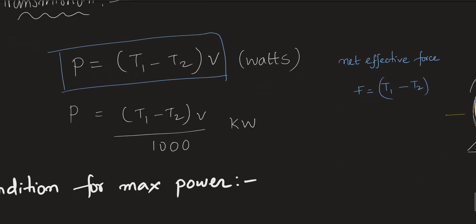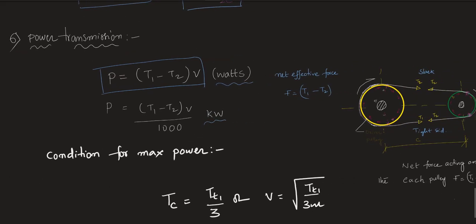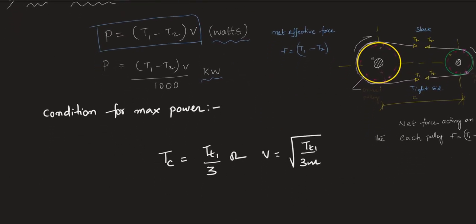Once we know the force, if we multiply it with the velocity, we get power. So (T1 minus T2) into V gives the power, and this will be in watts. If you want it in kilowatts, this can be divided by 1000.